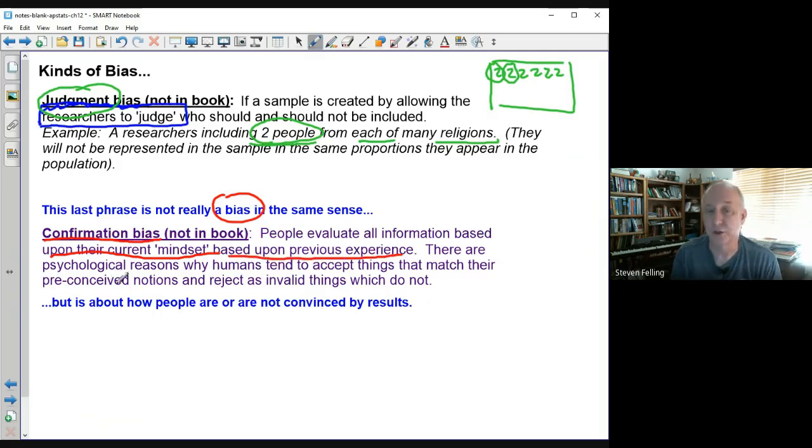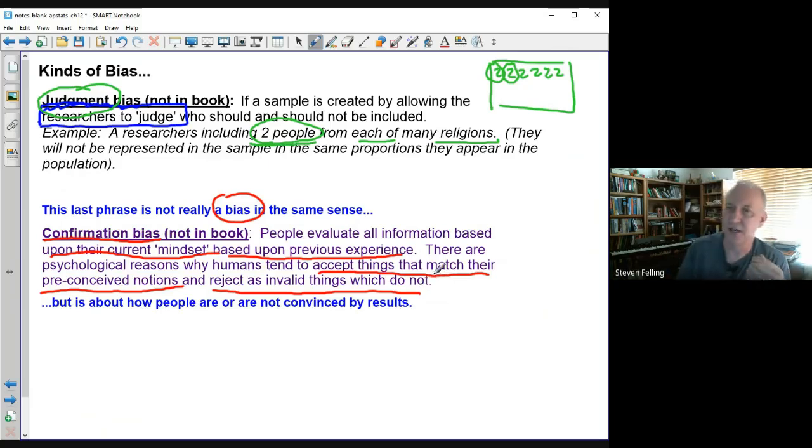And there are psychological reasons why humans tend to be more willing to accept things that match their existing ideas, and more willing to reject things that don't match their existing ideas, right? So basically, it takes a lot of evidence to change someone's mind, right? When somebody is presented with evidence, they tend to accept more easily the things that are already close to what they believe, and they tend to reject things that are not very close to what they believe, right?